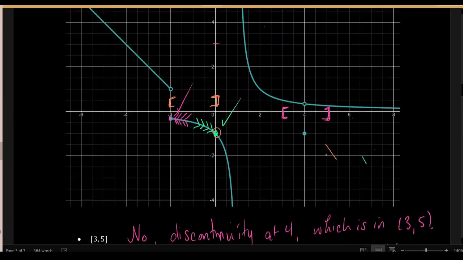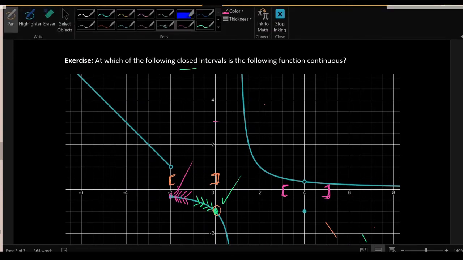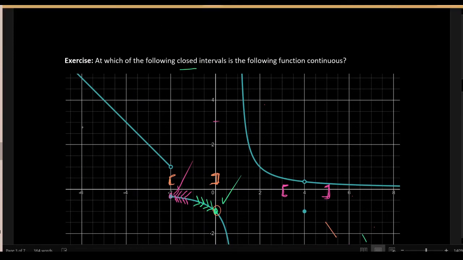And let's check out from -6 to -4. -6 to -4 lives right here. Now if I look strictly in between -6 and -4, once again there are no discontinuities strictly between those two endpoints.